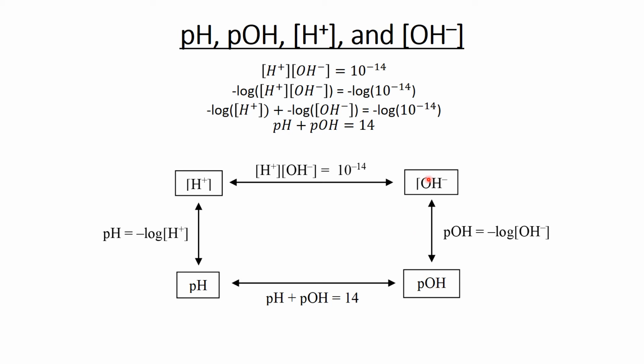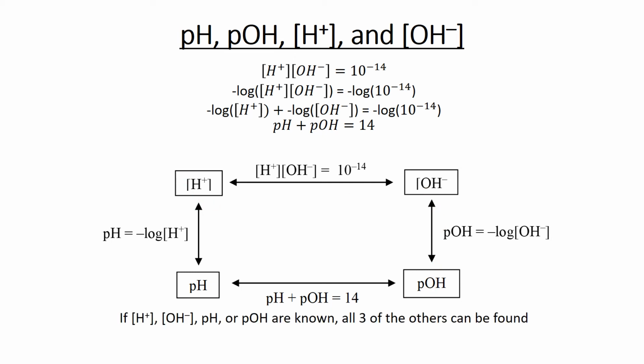If I know the OH minus concentration, I can divide 10 to the negative 14 by the OH minus concentration to get the H plus concentration. So all four of these values are intimately related. And if I don't know one, I can figure out the other three. So I'm going to do a few practice problems of that, copy them down in your notes, and we'll do some more practice problems in class.